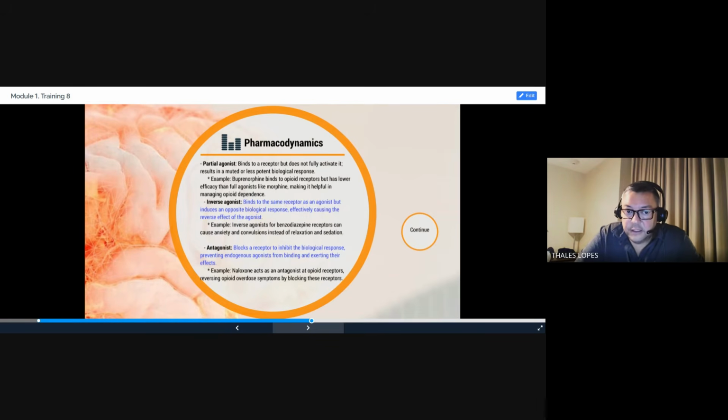Inverse agonist for anxiety. So here, another one: what would be the treatment for benzodiazepine, let's say benzos? What would you give if someone has a benzo overdose?